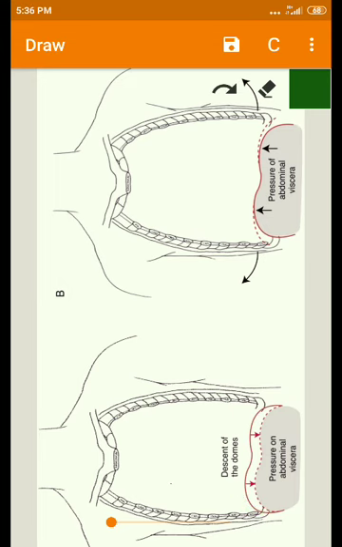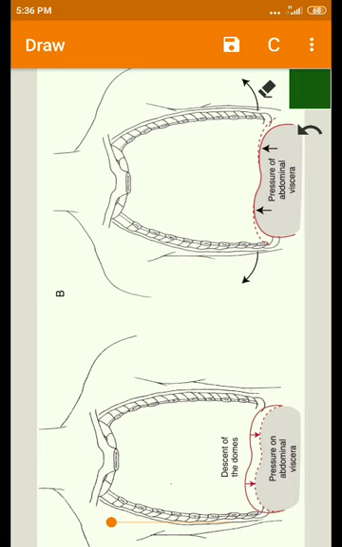Now, what happens during inspiration, when the diaphragm contracts? Here mainly we are dealing with the costal fibers. During inspiration, the costal fibers of the diaphragm contract, and the crural fibers also contract, but the crural fibers do not have a direct action during inspiration, while the costal fibers have a direct action.